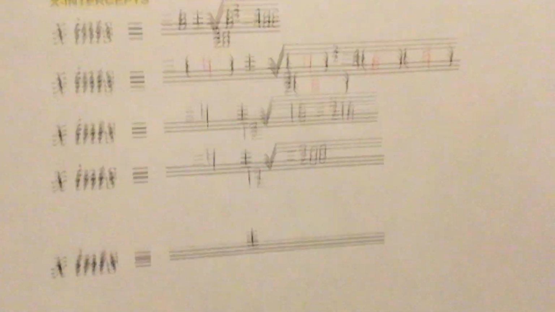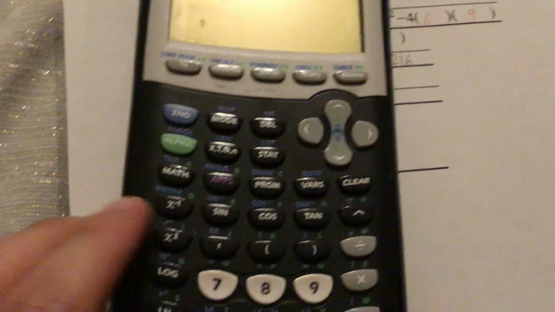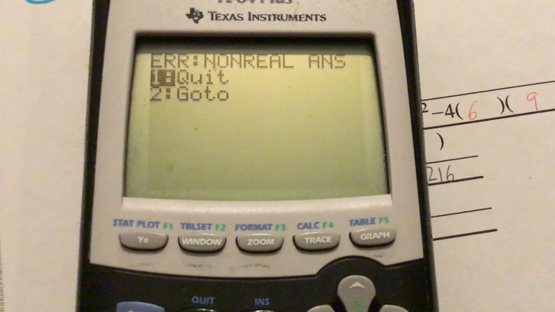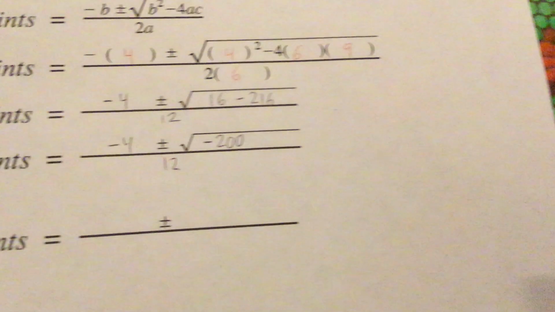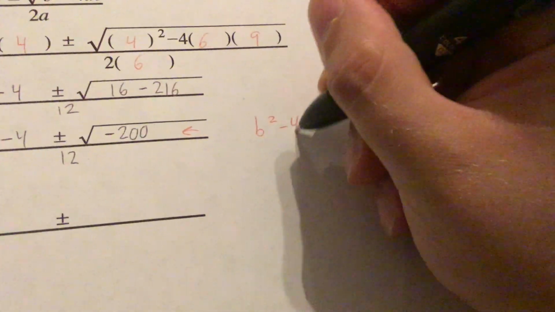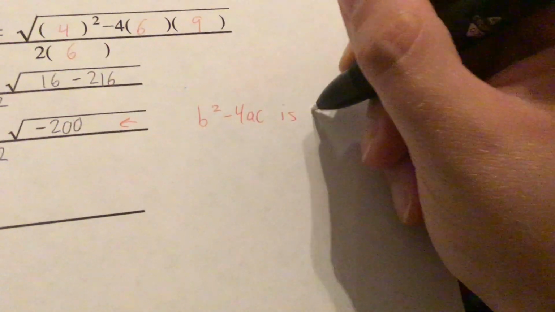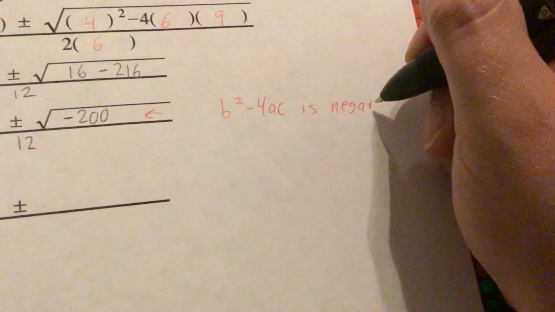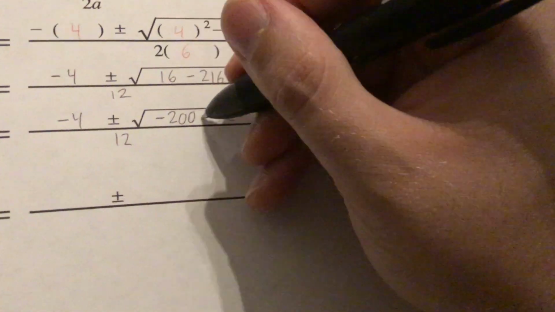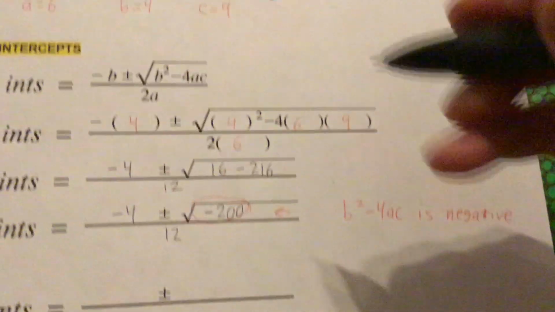Hold on a minute. Let me actually try to figure out what the square root of negative 200 is. It's not a real answer. Oh, that makes sense because I take a look here this time. Hey, b squared minus 4ac is negative. So because I cannot take the square root of a negative number in the real number system, this is an impossible problem to solve in the real number system.